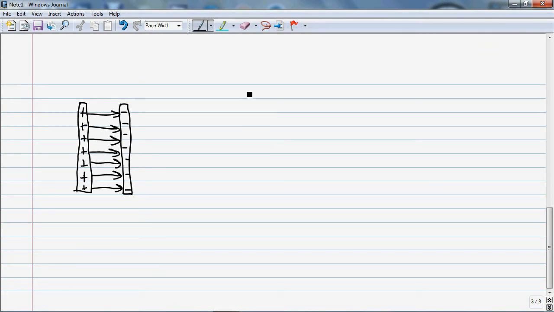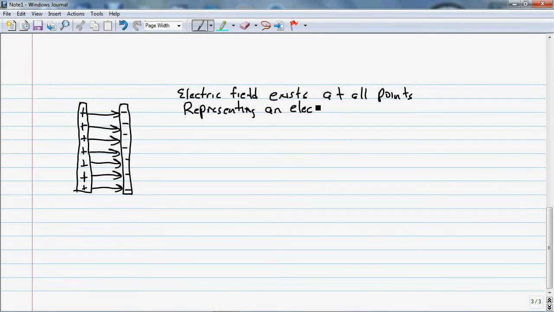So the takeaway from here with all this information is that the electric field exists at all points. There's two ways of representing an electric field. And I'm going to put electric field strength.